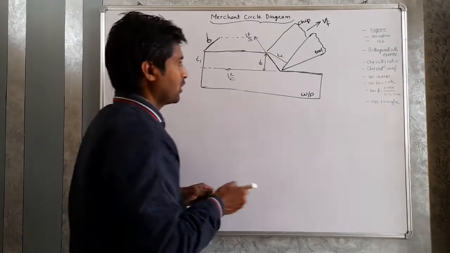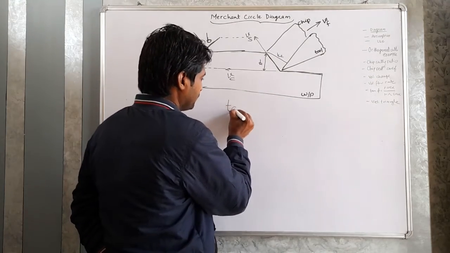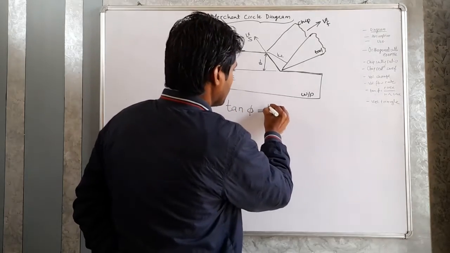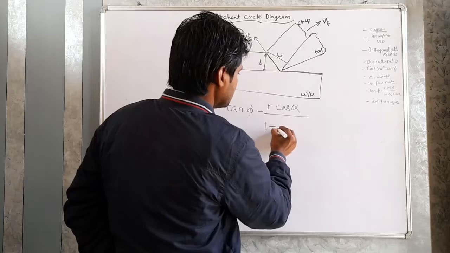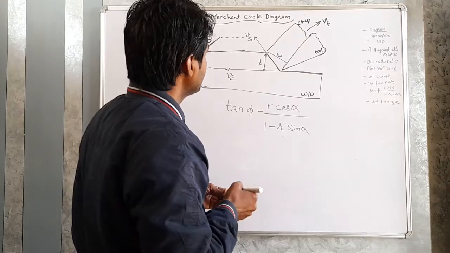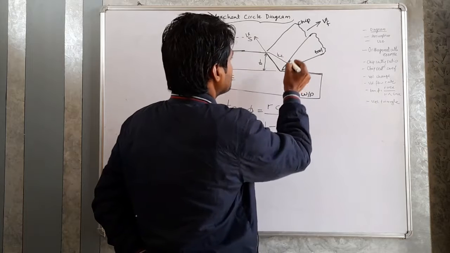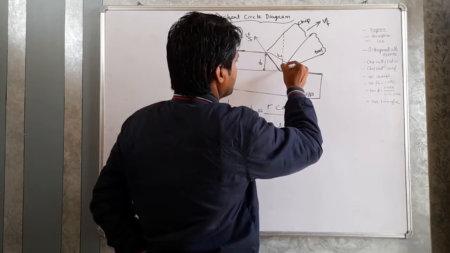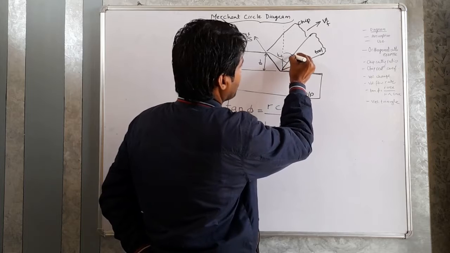Next we will derive a formula, that is tan phi is equal to R cos alpha divided by 1 minus R sin alpha. What is alpha here? Alpha is the rake angle. Suppose this is the vertical to this horizontal, and this is alpha.